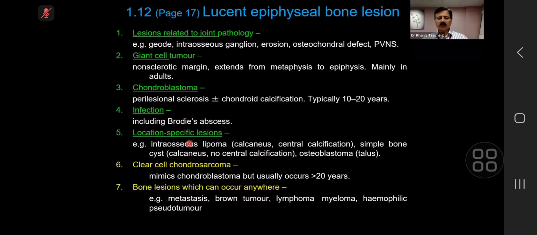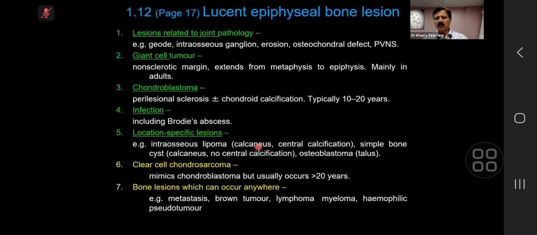Bone sepsis can happen. Now, location-specific lesions. Now, this is very important for the exam. All these tumors have come in the exam, all of them. Please remember, in the carpal bones or tarsal bones, they have the same epiphyses. The bone itself is the epiphysis, right? So intraosseous lipoma, location-specific lesions. Intraosseous lipoma, where?